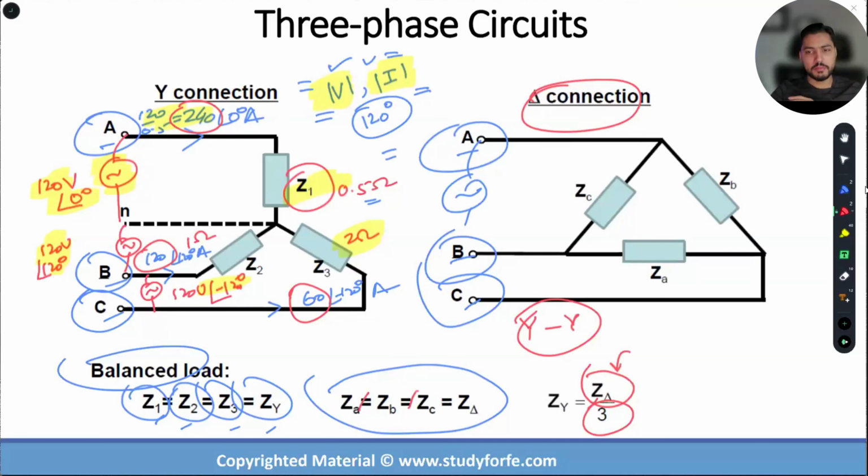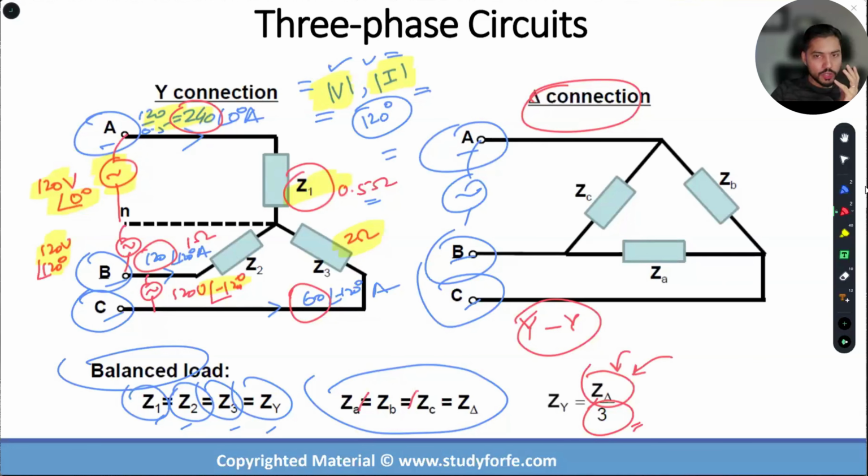But let's keep things simple. Assume that they are actually equal, and by simply taking one of the three phases as a sample from the delta, we can convert it very easily into a ZY phase impedance by simply dividing it by 3.